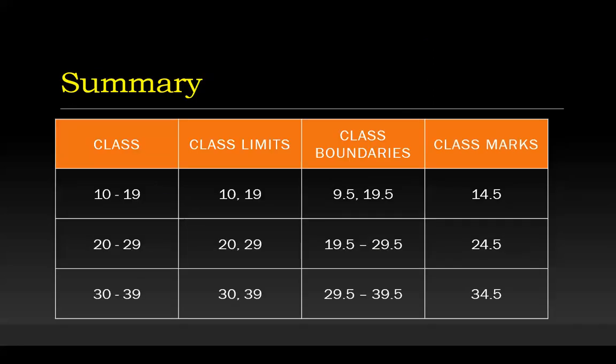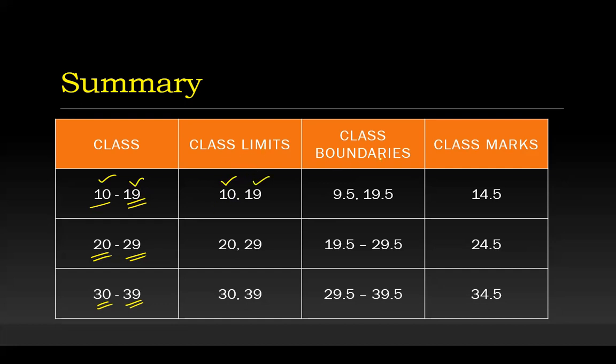I'm going to give a summary so that you will understand. Suppose the classes are given as 10 to 19, 20 to 29, and 30 to 39. This is nothing but an inclusive class interval. So what I'm going to find out is the class limits. What are the class limits here? These extreme values: 10, 10, and 19, 19. These will be taken as class limits.